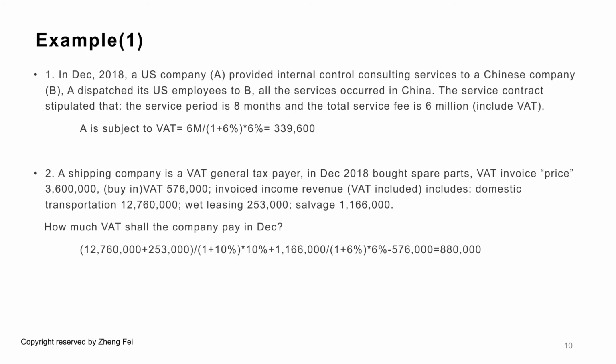And salvage is a logistics support service, which belongs to the modern service, therefore has 6% tax rate. And then deducted by the buying VAT equals 880,000.